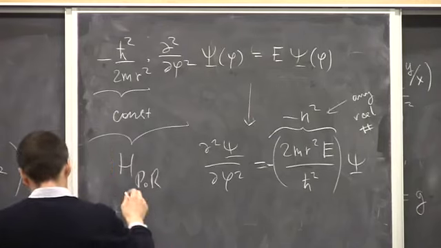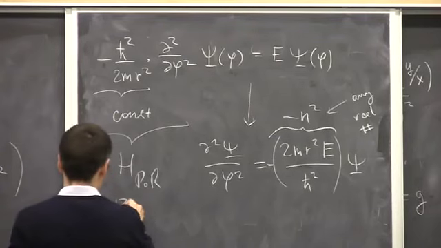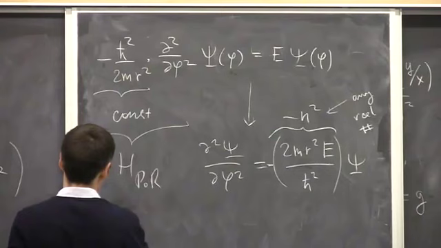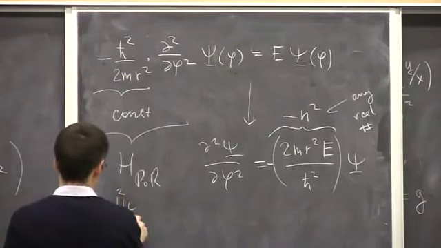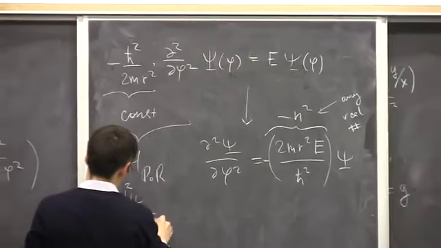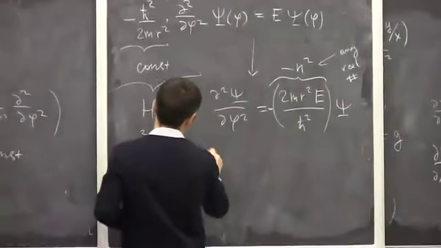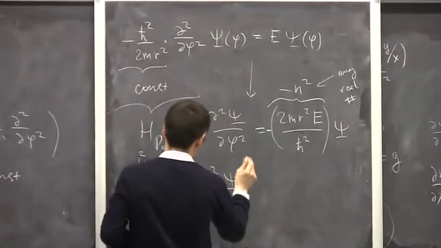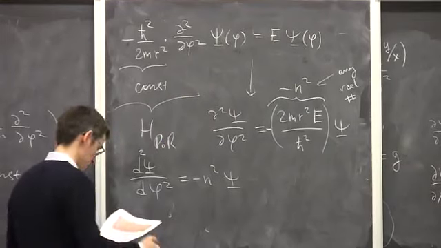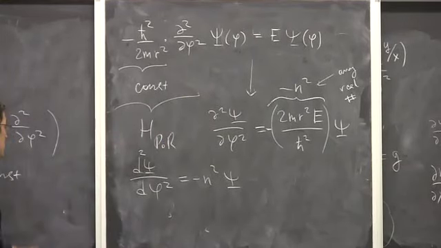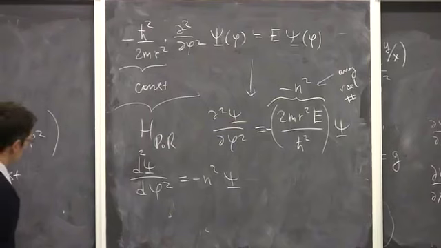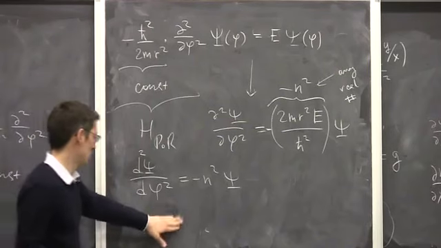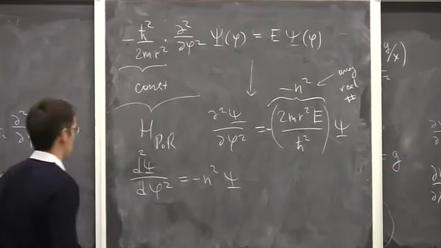Okay then. So with this, it's one variable, so we can actually write the full derivatives instead of partial: d squared psi over d phi squared equals minus n squared psi. Okay. So this is a second order differential equation that is similar to particle in a box, right?